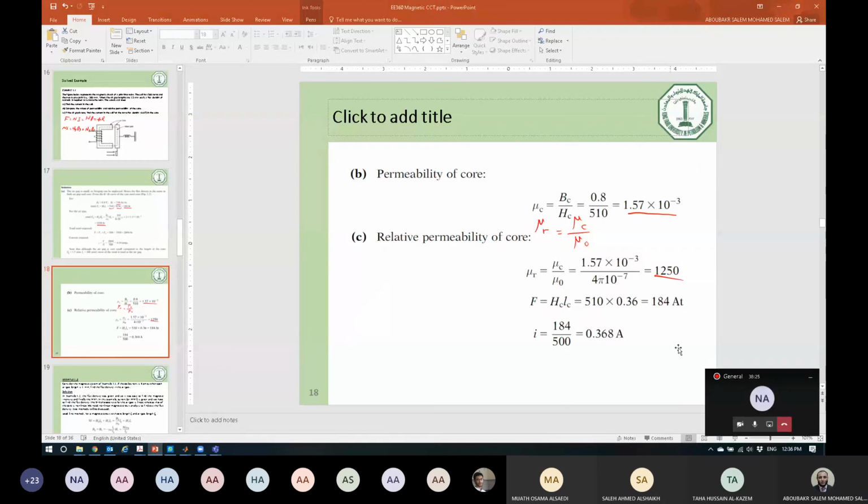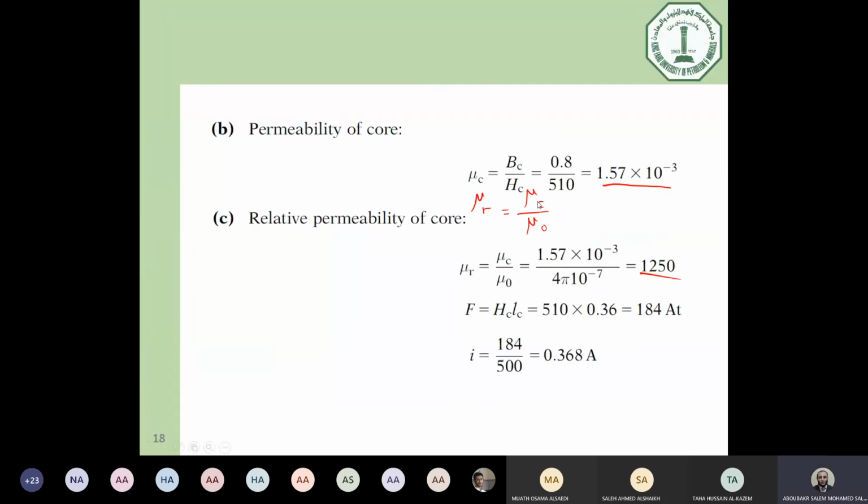Okay. So we can calculate the permeability of the core just by dividing B core by H, which here is 1.57 multiplied by 10 to the power minus 3. So this is the permeability of the core. So what is the relative permeability?